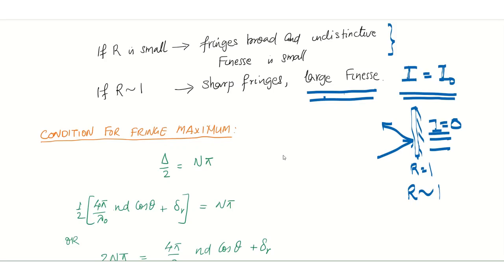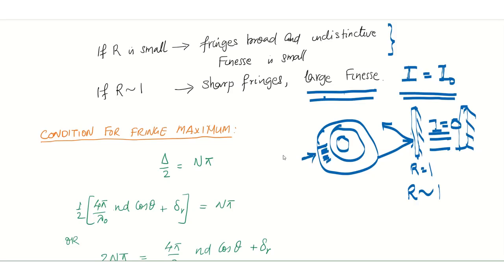dark and bright fringes if you add another mirror under the conditions that we have mentioned before, and you will get circular fringes. In this intensity redistribution, the bright part here will have intensity I equal to I0.